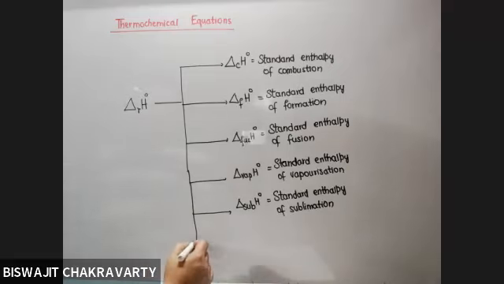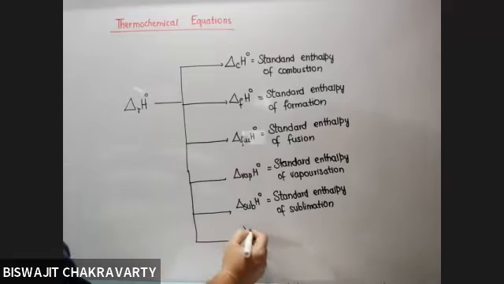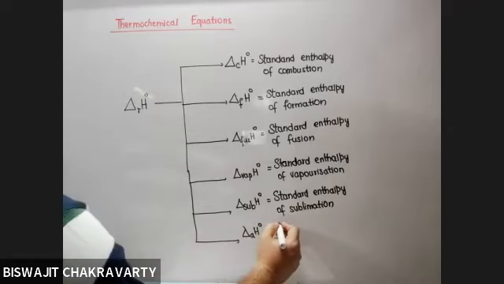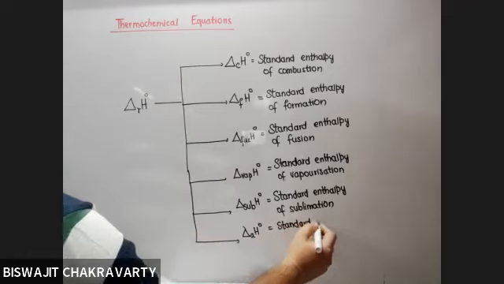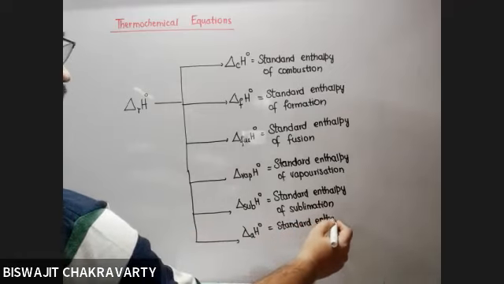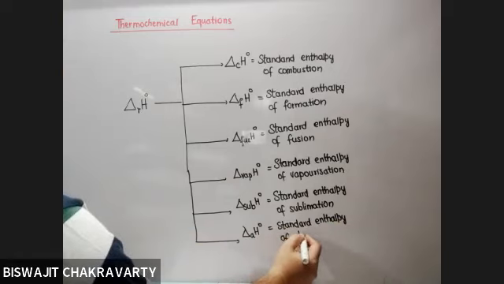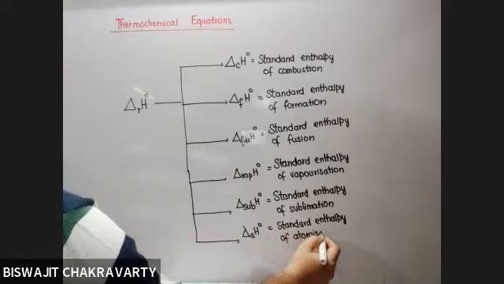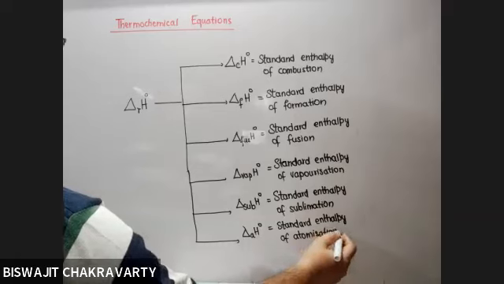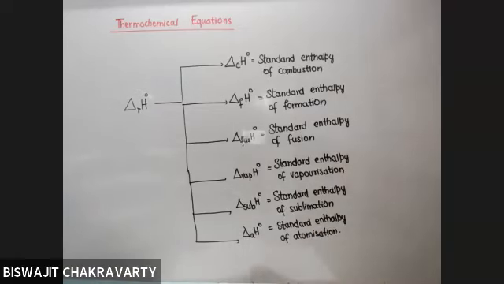Apart from that, you will also come across various other enthalpies. Delta aH degree is called standard enthalpy of atomization. So there are various types of enthalpies depending upon what kind of reaction we are dealing with.